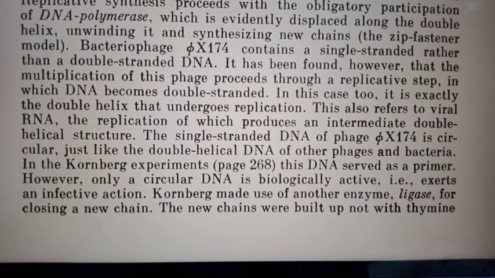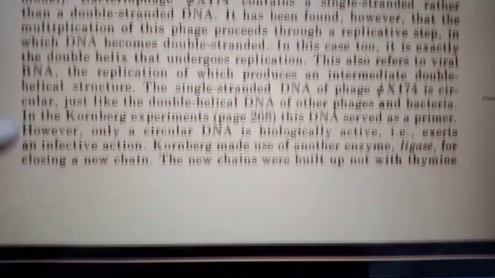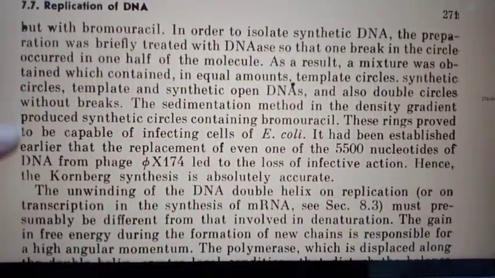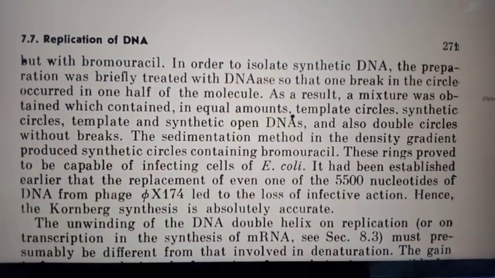The new chains were built up not with thymine but with bromouracil. In order to isolate synthetic DNA, the preparation was briefly treated with DNase so that one break in the circle occurred in one half of the molecules.